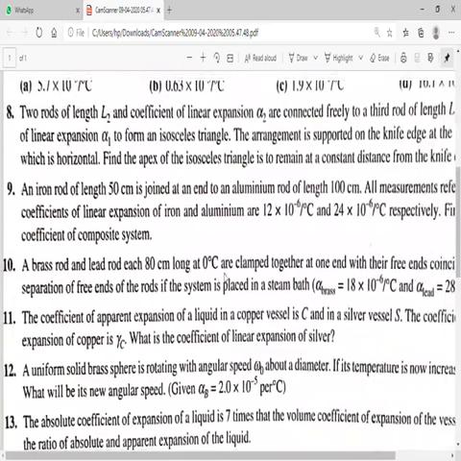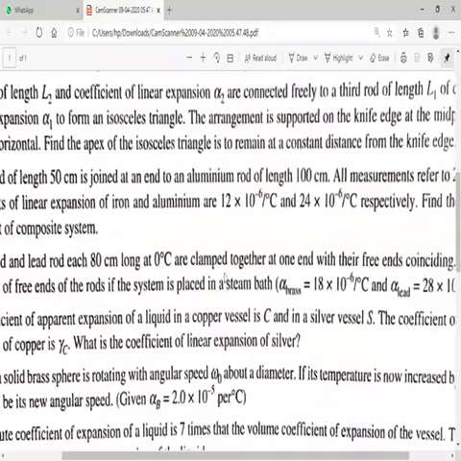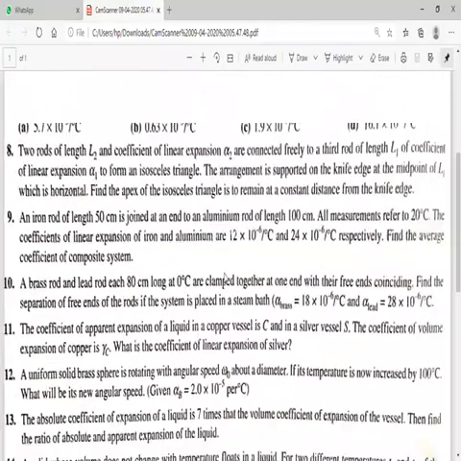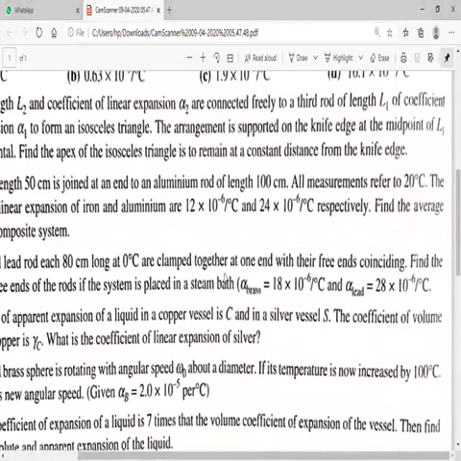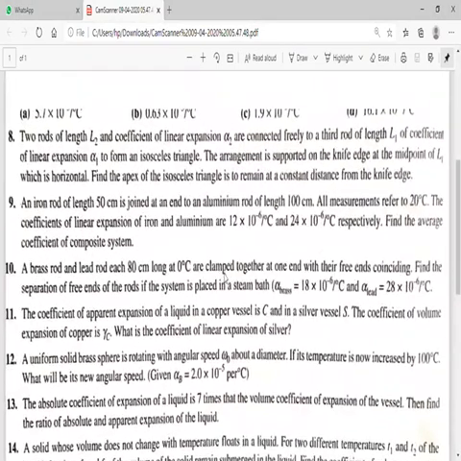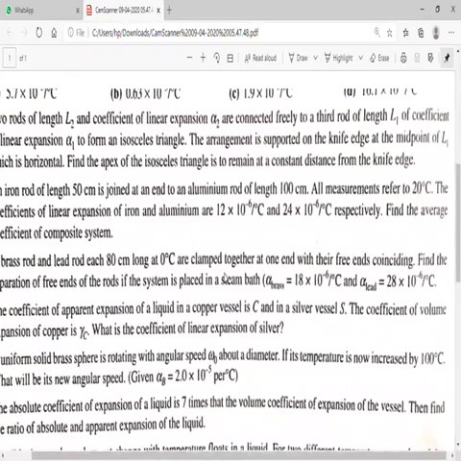That means for both of them, one end is completely fixed, with the free ends coinciding, so the other ends of the two rods will coincide. Find the separation of the free ends of the rods if the system is placed in a steam bath.